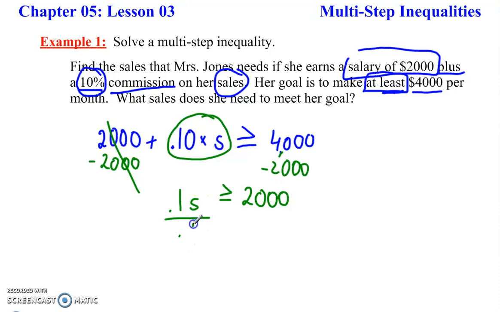Now we divide by 0.1 on each side, so s is greater than or equal to 20,000. What does that mean in the context of this problem? She needs to sell at least $20,000 worth of product.